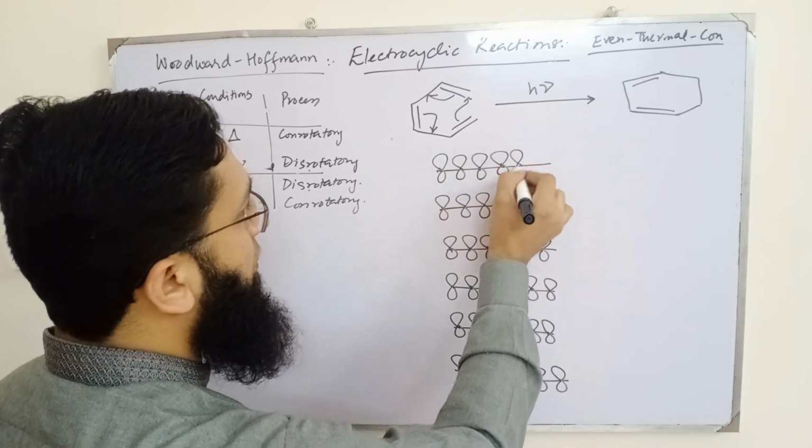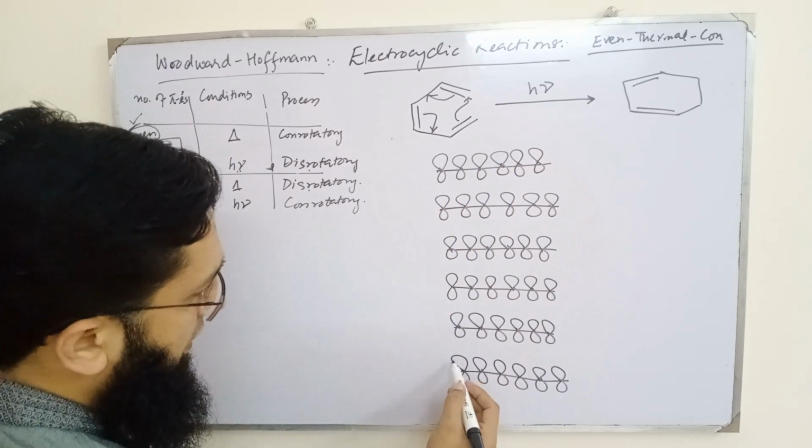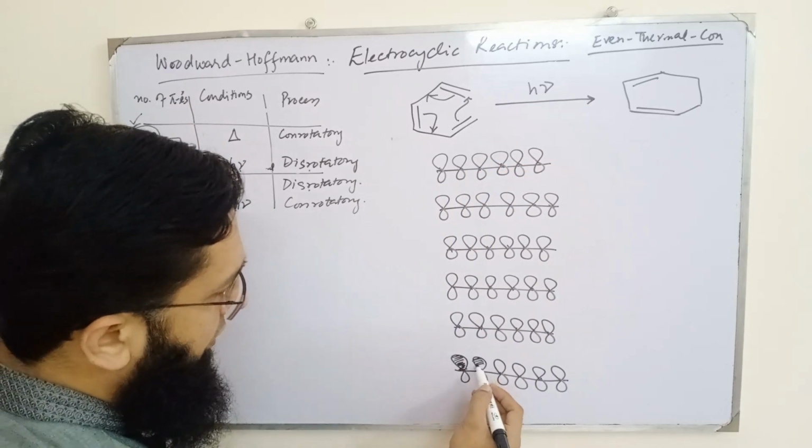Each molecular orbital would have 6 p atomic orbitals, and here all would be shaded to show maximum bonding interaction.